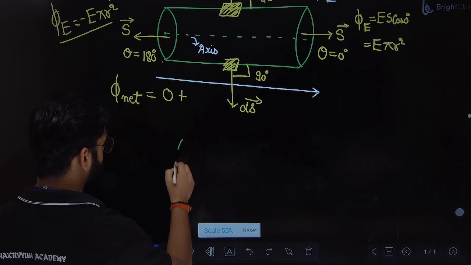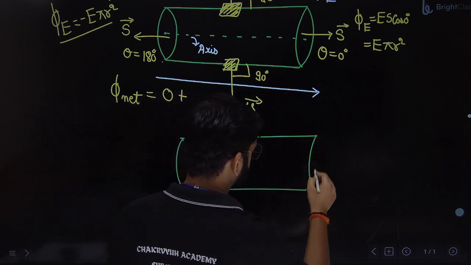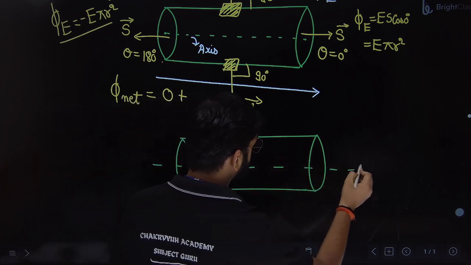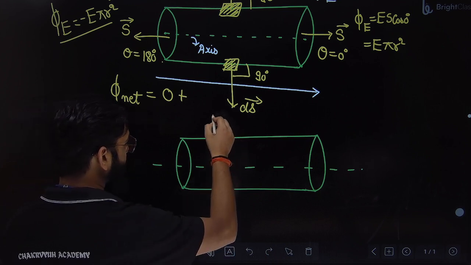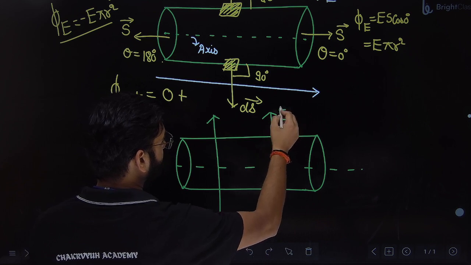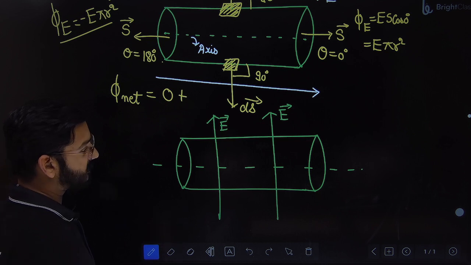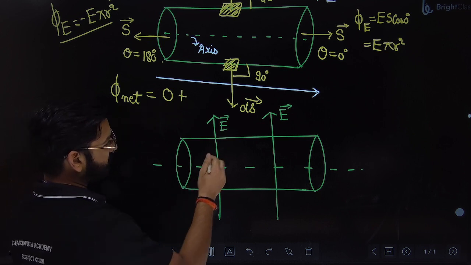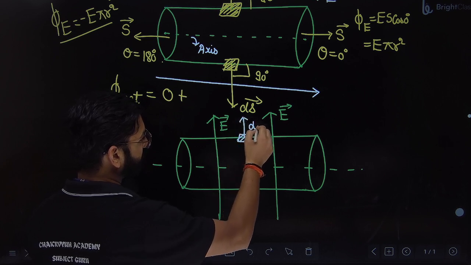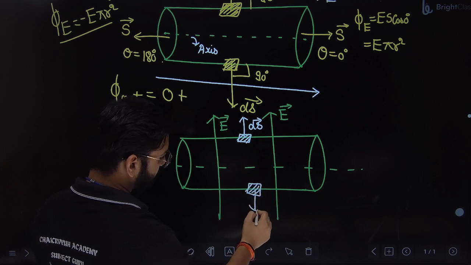If I draw the figure again, this time electric field lines are perpendicular to the axis. So if you see, the area vector for this will be in this direction, and the area vector for the bottom curved surface will be in this direction.